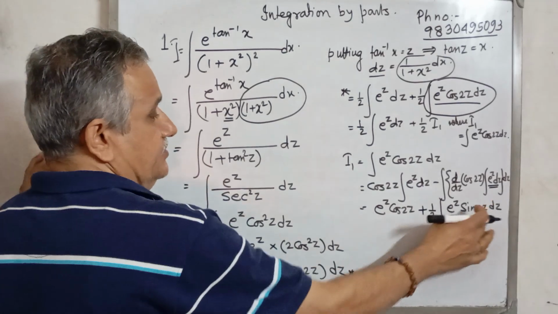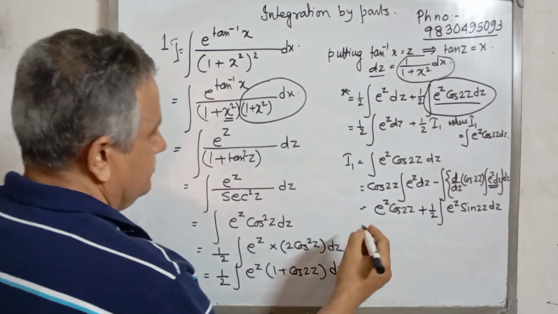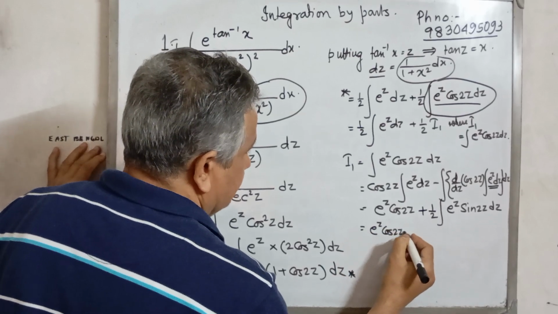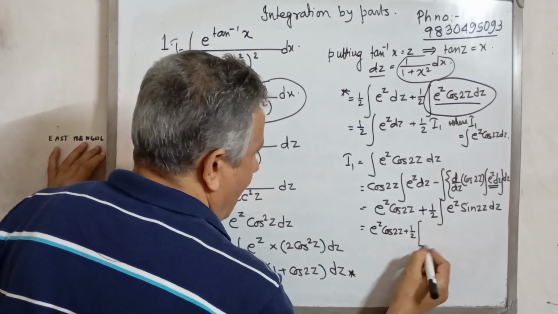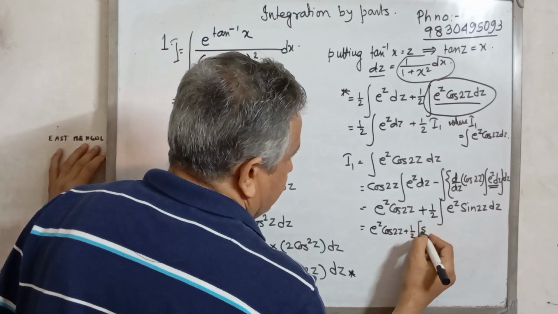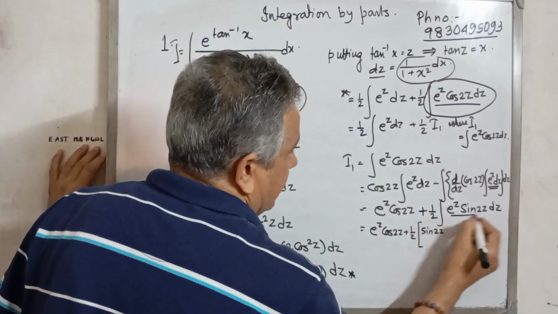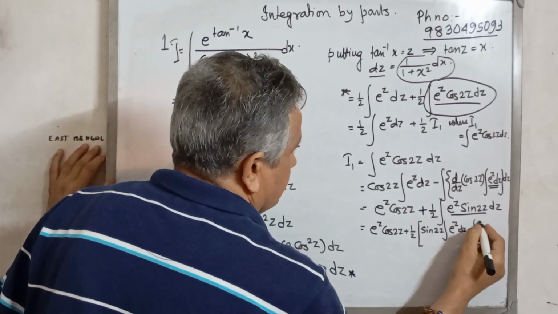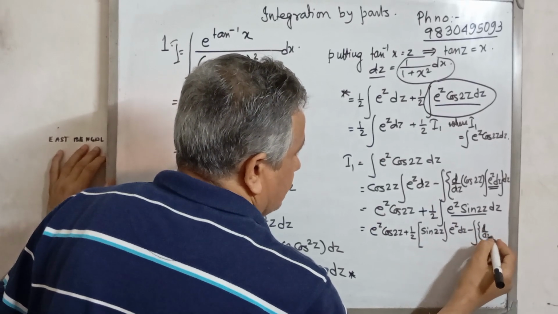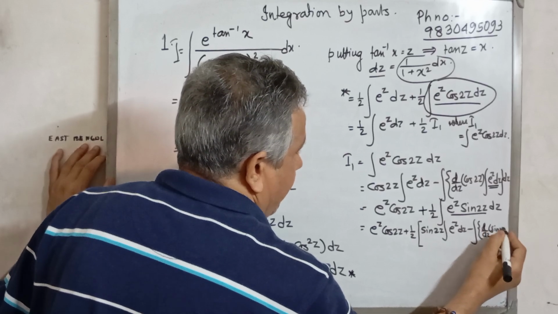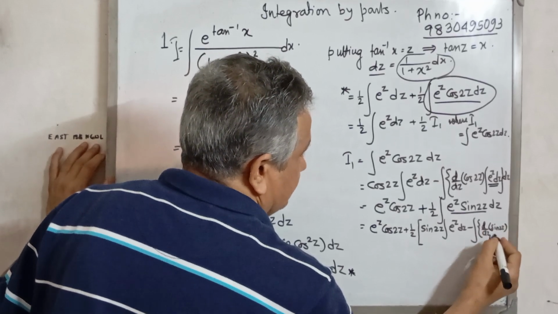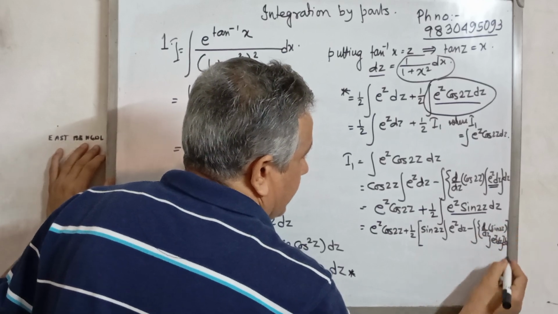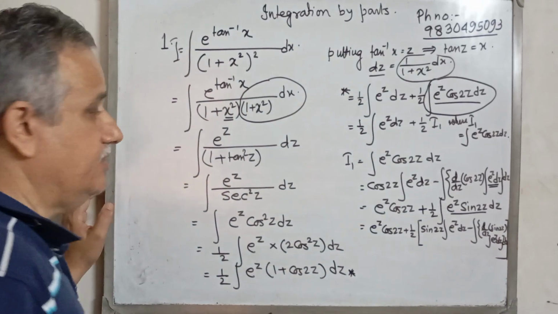Now again by parts on this. So it becomes e to the power z cos 2z plus 2 into sin 2z, by parts: integration e to the power z dz minus integration of d by dz of sin 2z into integration e to the power z dz, whole dz, closing the bracket.